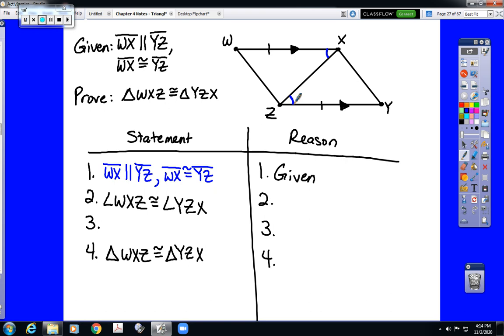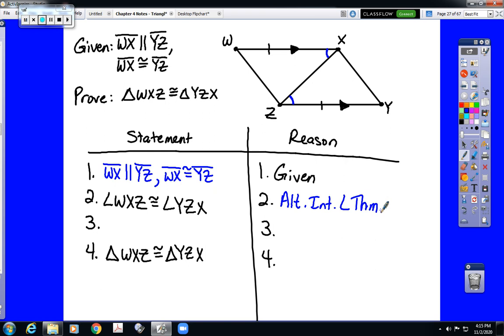Hopefully we recognize that WX and ZY being parallel makes XZ a transversal and makes those two angles alternate interior angles, meaning that the alternate interior angle theorem would state that they absolutely must be congruent to each other. Because if two parallel lines like XW and YZ are cut by a transversal like XZ, that means each pair of alternate interior angles must be congruent.